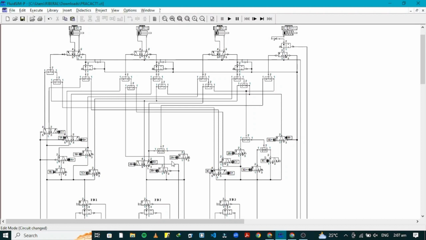And dahil doon, magkakaroon na ng supply ng air mula dito sa two pressure valve papunta sa actuation side ng D. So, yung air na pupunta sa actuation side ng C at ng D ay itutulak yung valve na ito papunta sa right para mag-actuate si actuator C at actuator D.